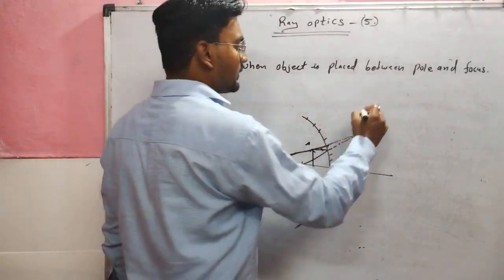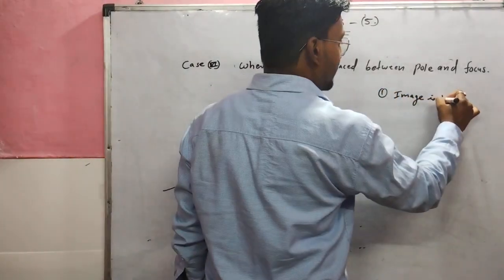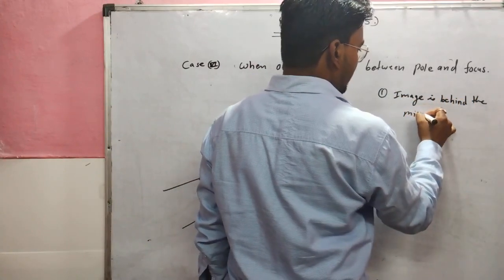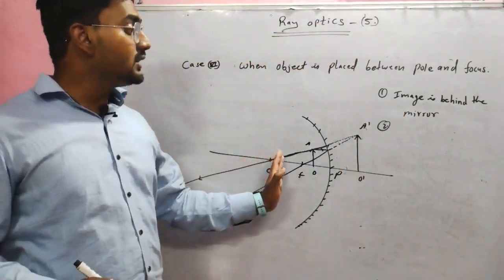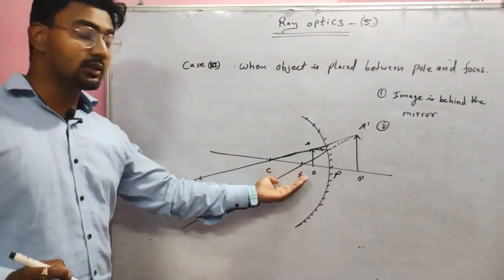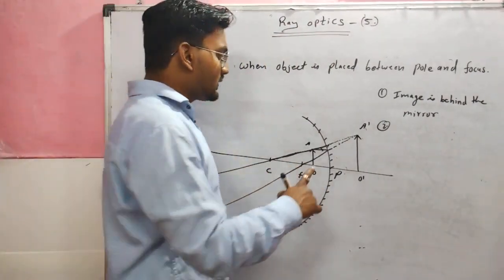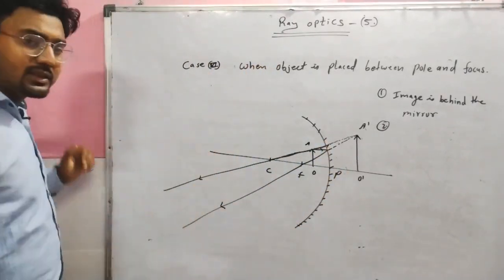Okay, so here the image is behind the mirror. This is the only one case where we get the image behind the mirror. In all other cases we get the image in front of the mirror. And here the light rays do not actually meet, these are diverging light rays.